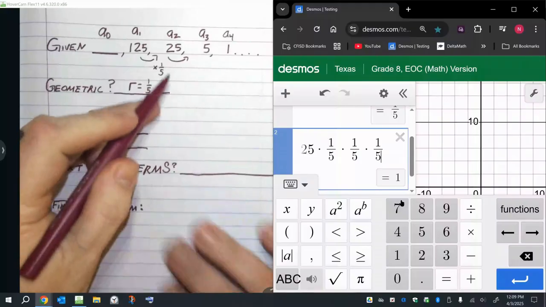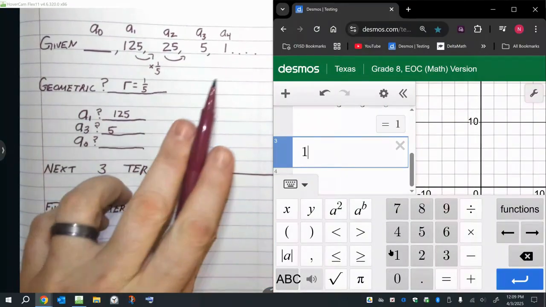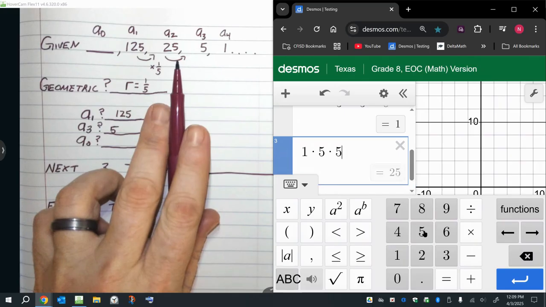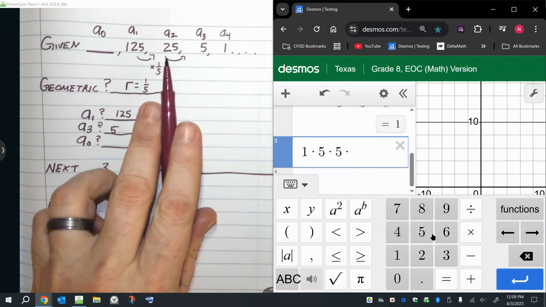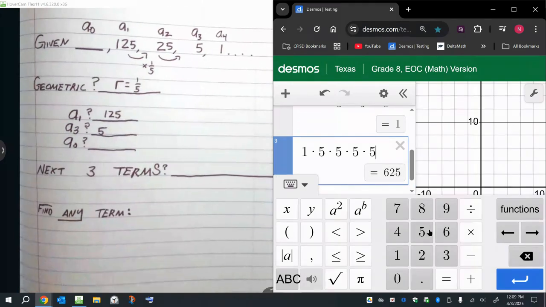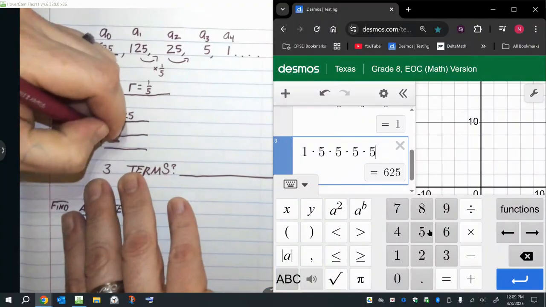Well, if I'm multiplying by 1/5 there, think about this, right? If I take 1 and I multiply this way by 5, it gives me 5. If I multiply that by 5, it gives me 25. If I multiply that by 5, it gives me 125. So if I multiply 125 by 5, I get 625.